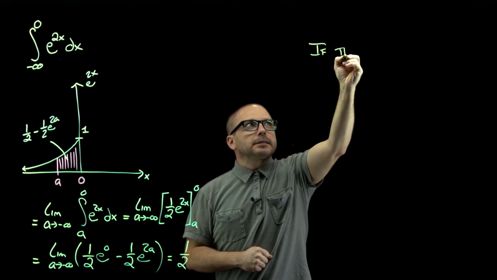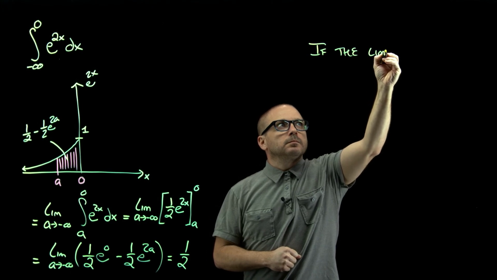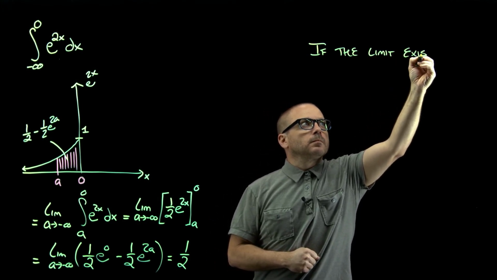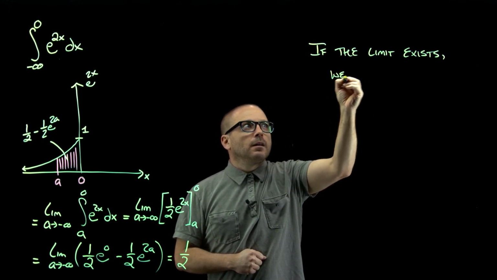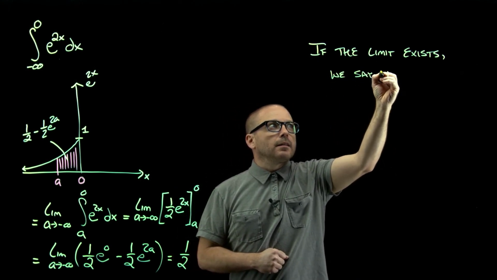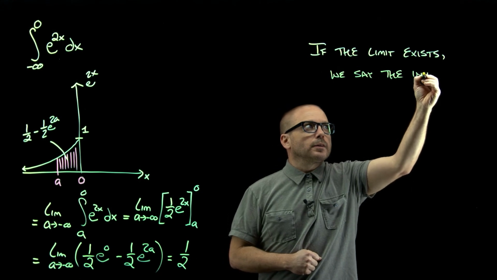If this limit didn't exist, we would say that that integral diverges. If the limit exists, we say the integral converges.